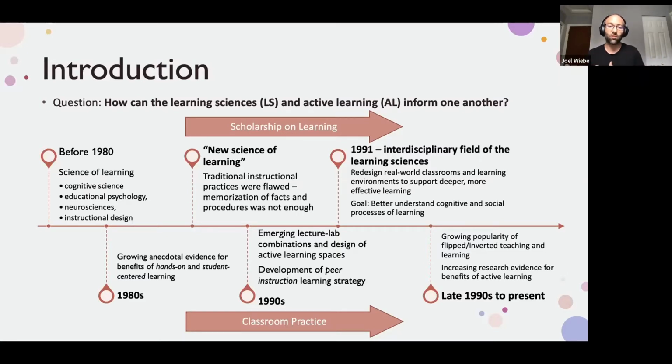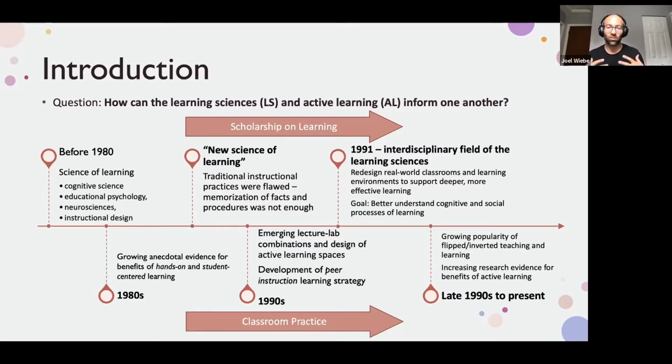And this new science of learning believed that traditional instructional practices were flawed, essentially that memorization of facts and procedures was not enough. By 1991, all these individual disciplines came together, and there was something called the learning sciences that was formed. The goal of the learning sciences was to redesign real world classrooms and learning environments to support deeper and more effective learning.